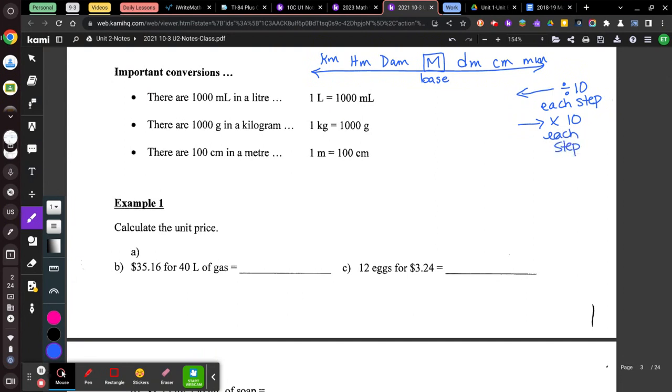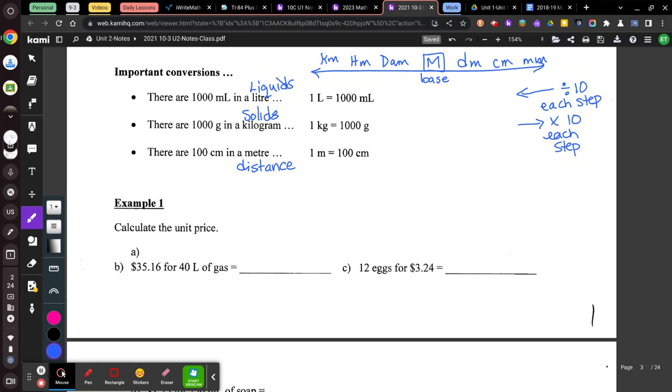Now, the three conversions we worry about most, because we've got three different things we measure. We have liters, which is liquids. And we talk way more about liquids in Unit 5. We have kilograms. This is going to be for solids. And then we have meters, which is distance. Okay?